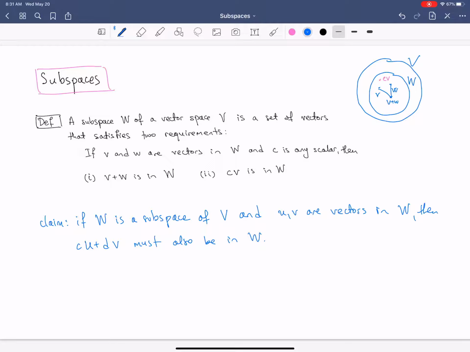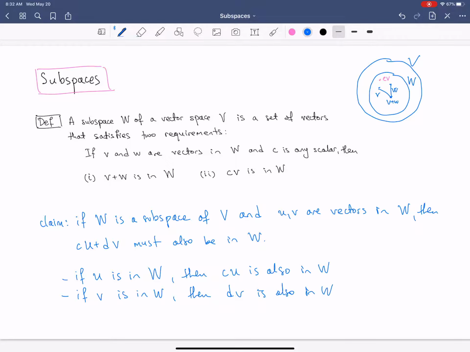Well, I know that if u is in the subspace, then by rule 2, I have c times u is also in W. If v is in W, then dv is also in W. So putting these two together, we have two new vectors: a vector cu and a vector dv.